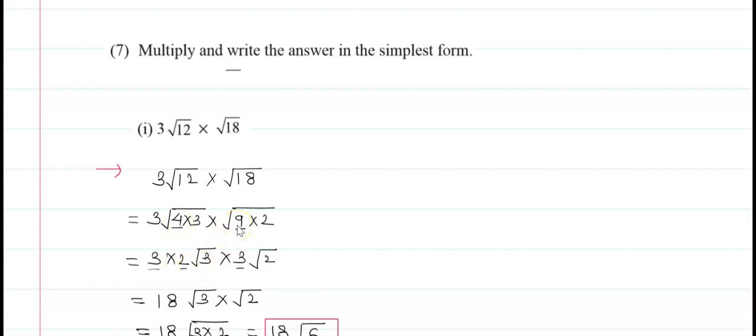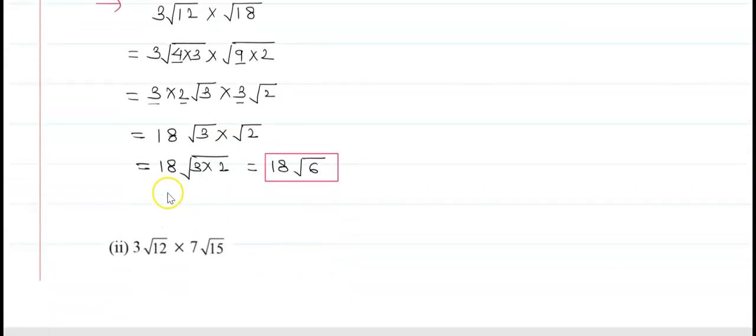The square root of 9 is 3, so 3 root 2. Now 3 into 2 is 6, 6 into 3 is 18. 18 into root 3 into root 2. Overall, you will get 18 into root of 3 into 2. Root of 3 into 2 is 6. That is 18 root 6.